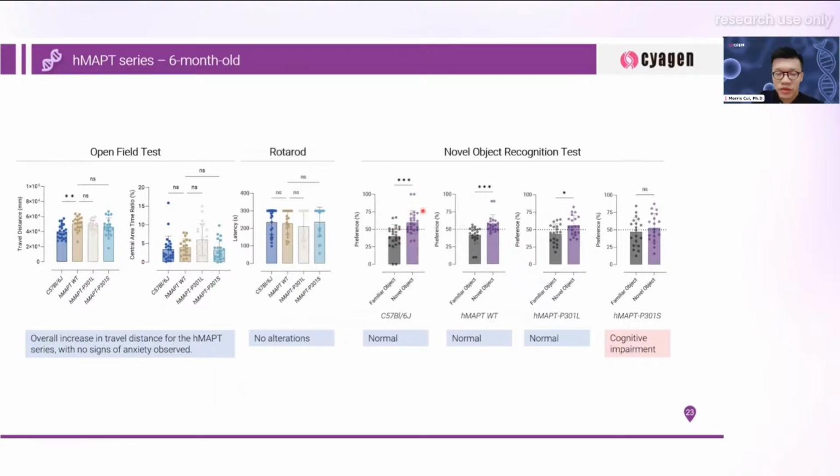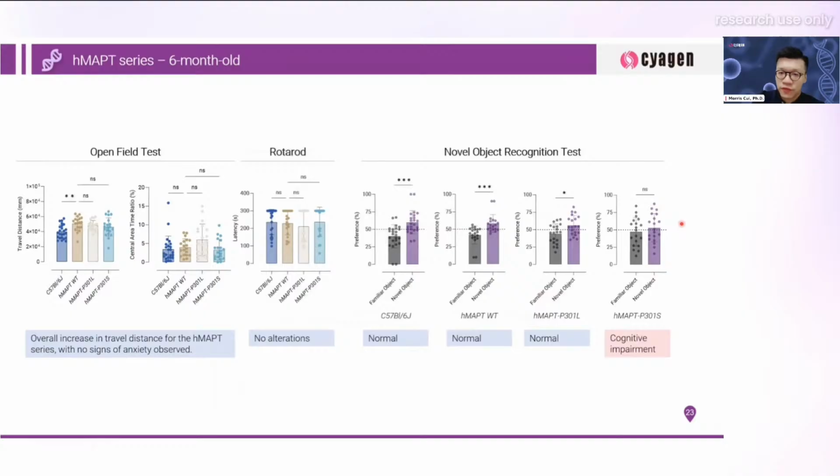Based on the mouse nature, they are more interested in exploring the new object as long as they could recognize it. So you see that the black 6 mouse, without surprise, can recognize the novel object. The HUGO wild type can also do that. P301L, yes. However, not P301S.